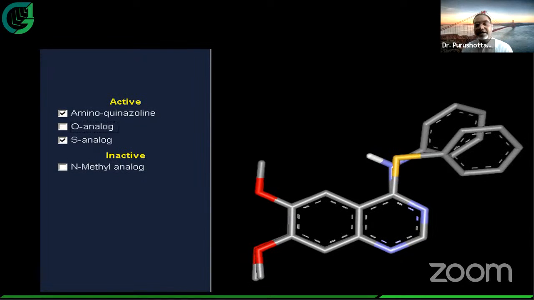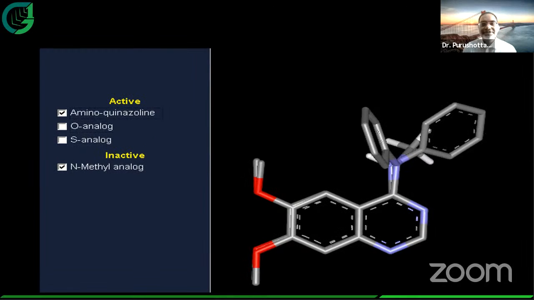Again, that is close to perfection, or the key elements are matching, if you see the superimposed molecule. But we have seen that the N-methyl analog was an inactive analog. Now let us look into this very interestingly. Why exactly is the N-methyl analog inactive? When you see the 3D structure of this compound, you will certainly come to know why it is inactive.